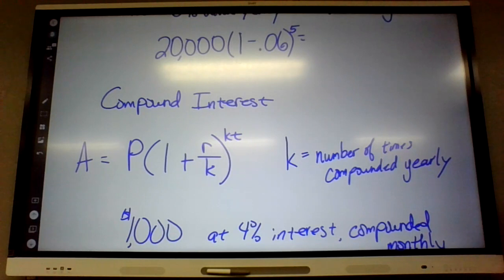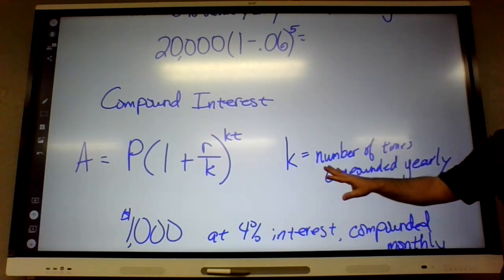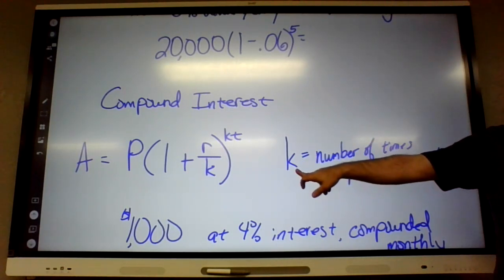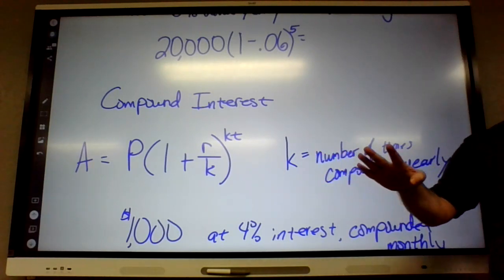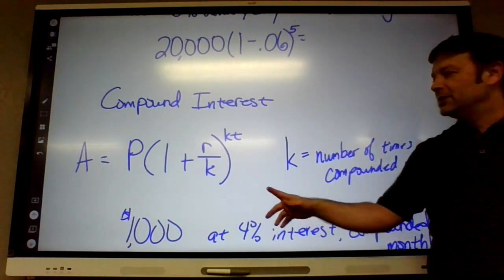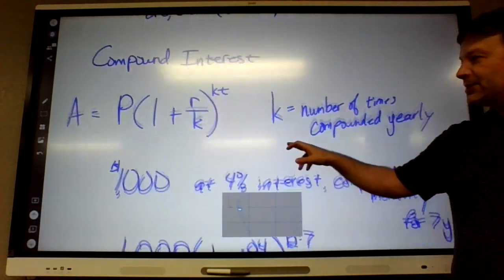So for example, if you have to pay monthly interest, and interest can be for you or against you, depending on if it's a loan or investment, but if you have to pay monthly interest, k would be what? 12. If you have to pay quarterly interest, 4. Daily interest, 365.